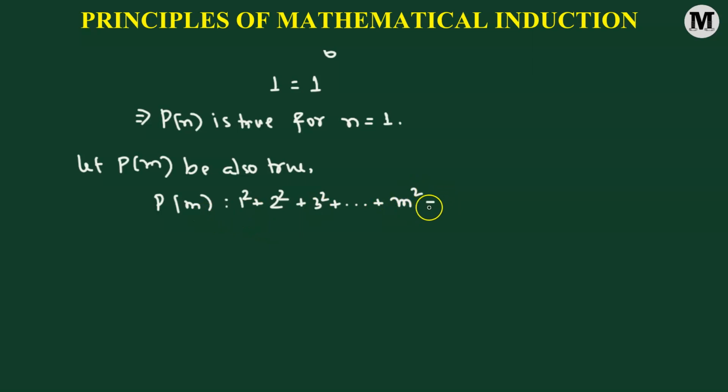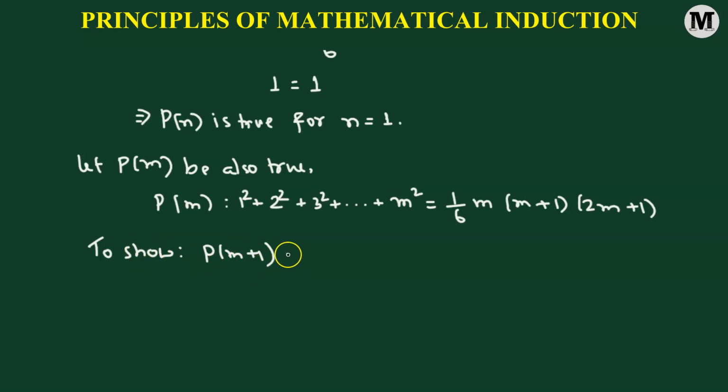We have m squared, so this is given by 1 over 6 multiplied by m times m plus 1 multiplied by 2m plus 1. So we're saying that this particular statement is true. And if this is true, then we need to show that P of m plus 1 is also a true statement.